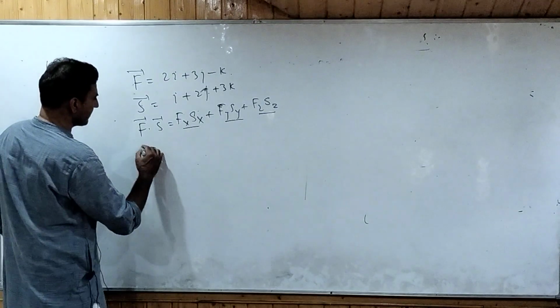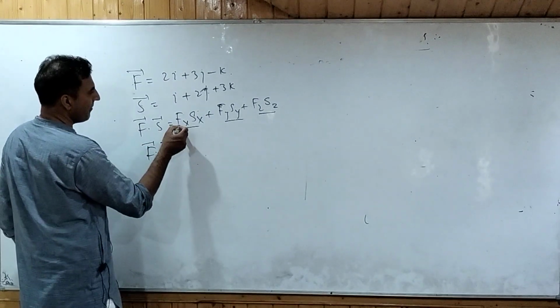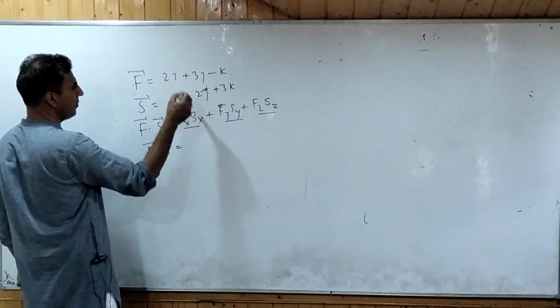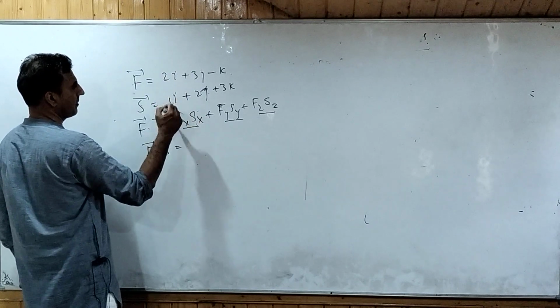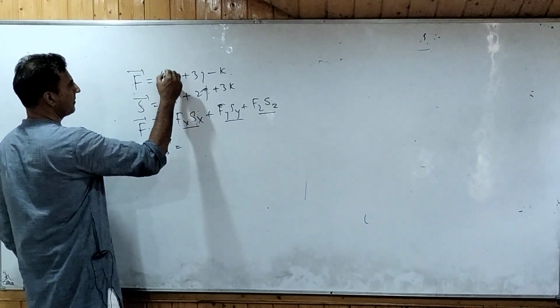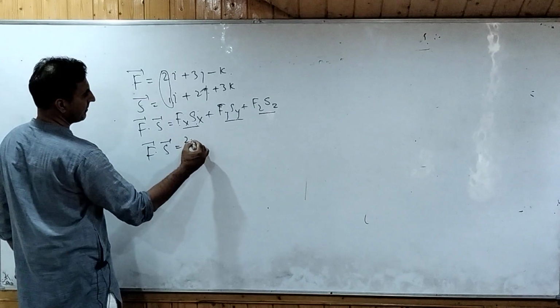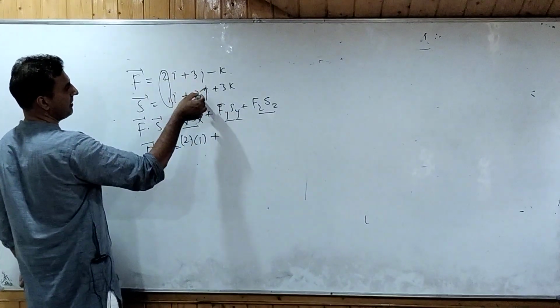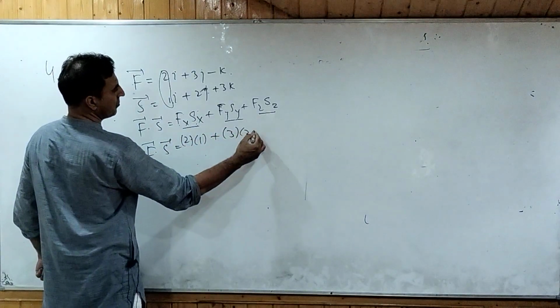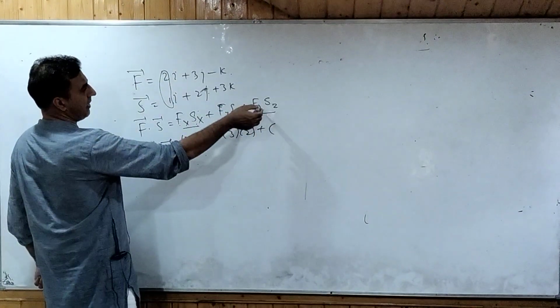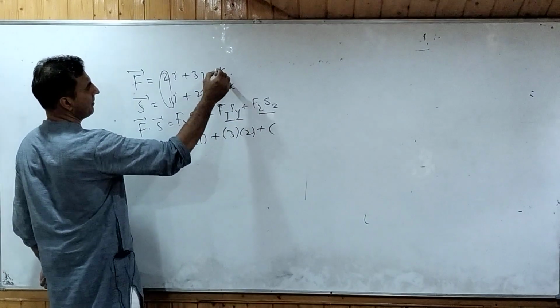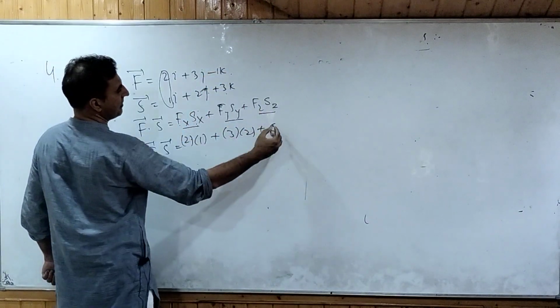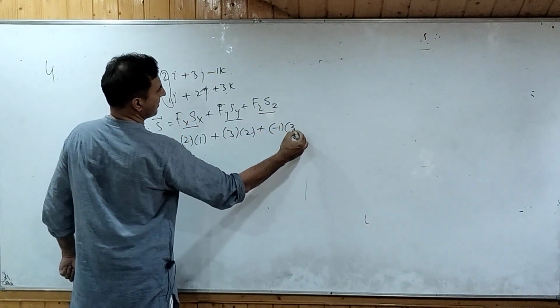Now f dot s is equal to fx sx. Fx is 2, sx is 1 here, right? Multiply them. It is 2 into 1 plus fy sy. Multiply these two, 3 into 2, plus fz, that is minus 1, and sz, that is 3, so minus 1 into 3.